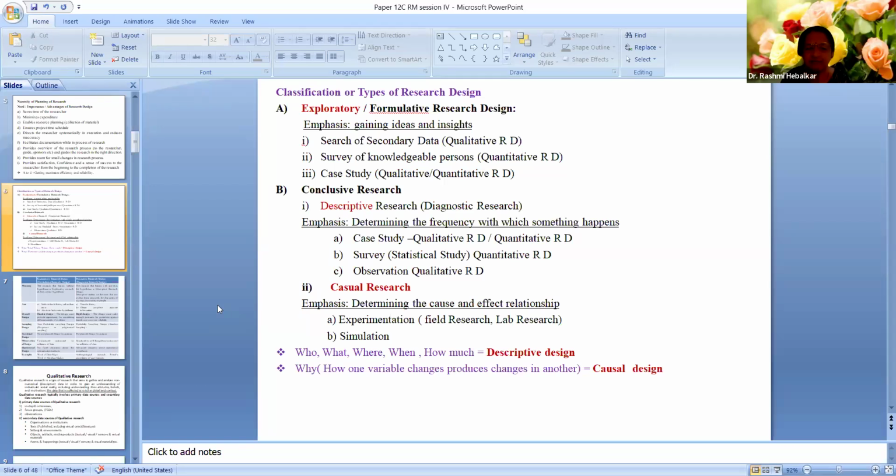You can see there ABC under that: survey, statistical study, quantitative research design. So a questionnaire was framed. When it is descriptive, questions don't go much deeper because you want some initial data conclusion.